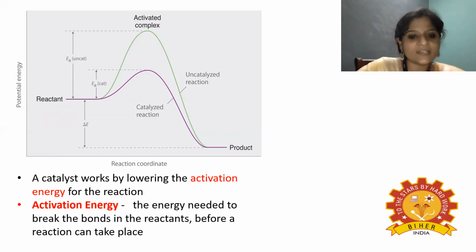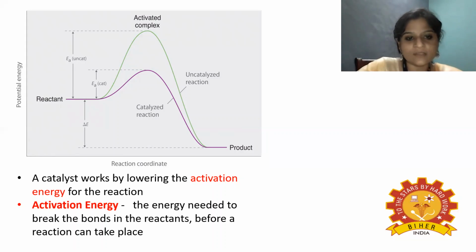So what is this activation energy? Why do we need to lower the activation energy? It is the energy needed to break the bonds in the reactants before any reaction can take place. Let us take an example: the formation of water, H2O, from hydrogen and oxygen. The activation energy is required for breaking the H-H bond.